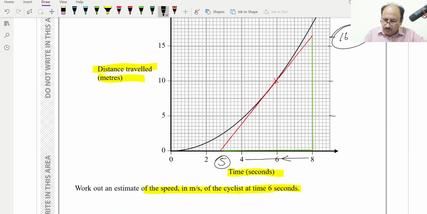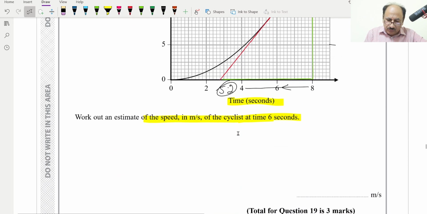We can take this one as 5.2 also. So 5.2, 16.5, 5.2. So m will be equal to, speed is equal to the gradient, the slope of this.